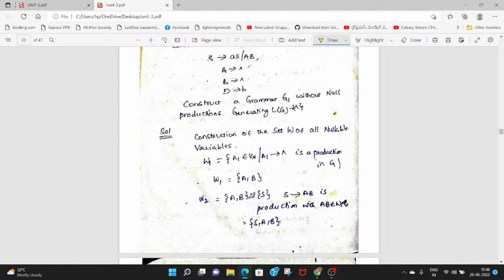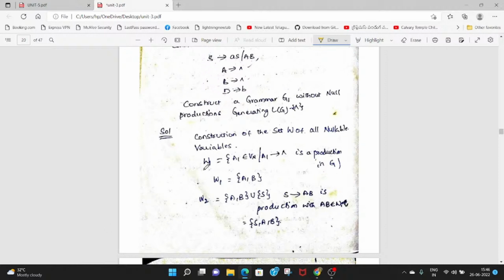There we are considering the variables which directly derive the terminals, and here we are considering the variables which directly derive the null. Okay, so see here.